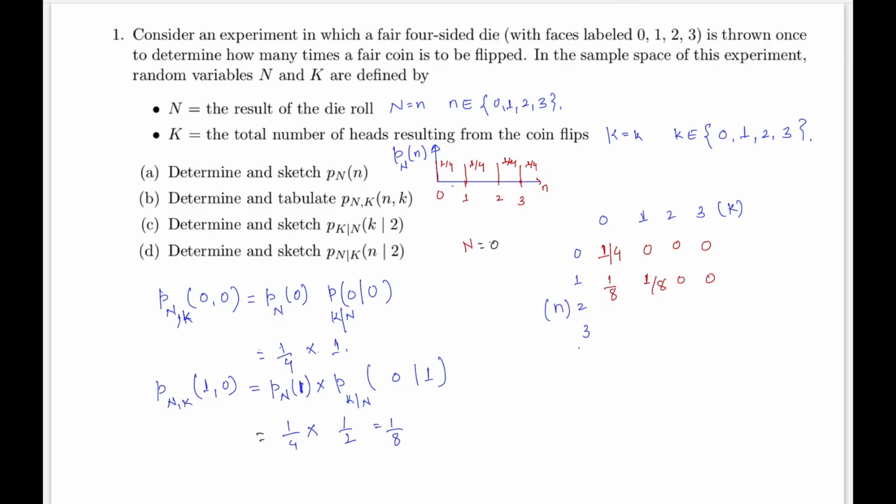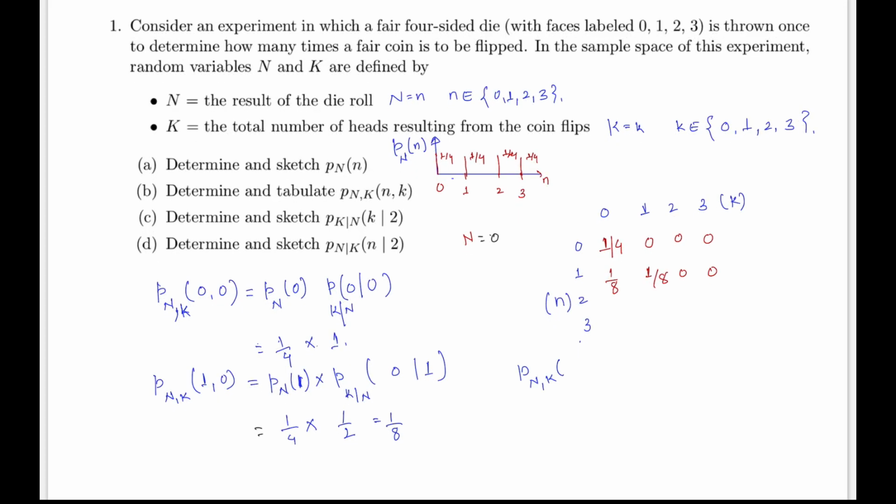Let me do it for one case and I hope you will be able to do for all the cases. Let me do for this case where random variable n takes the value 3 and k takes the value 2. So we are talking about the probability of these joint where random variable n takes the value 3 and k takes the value 2.